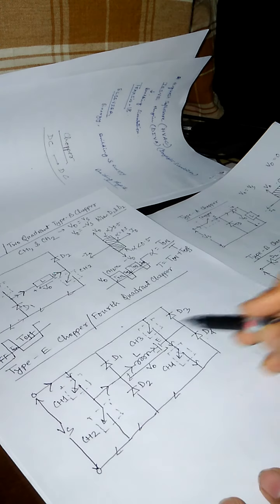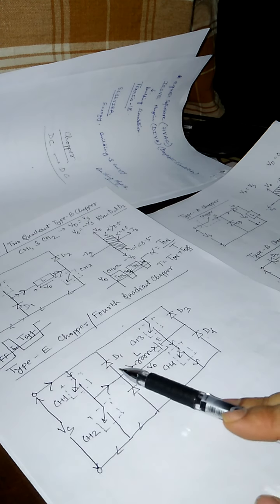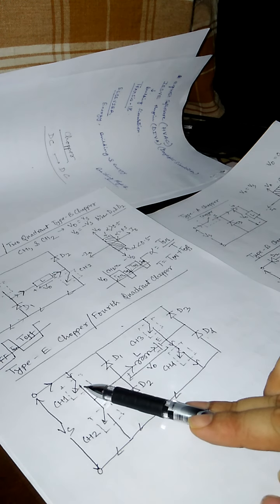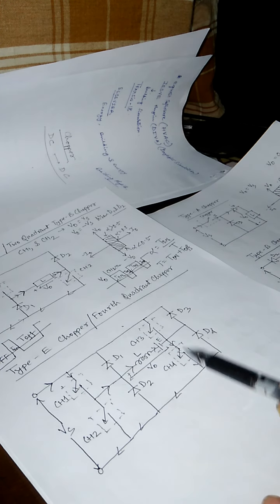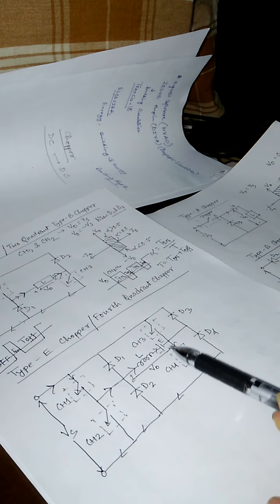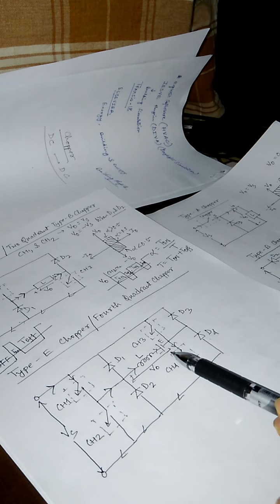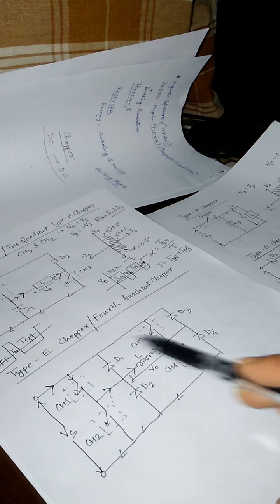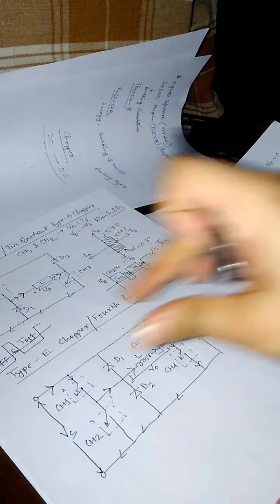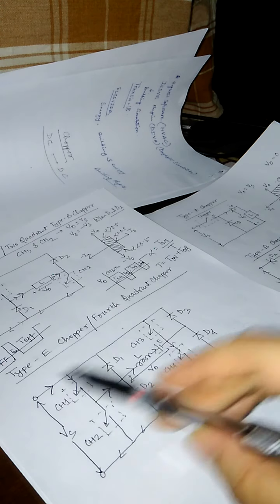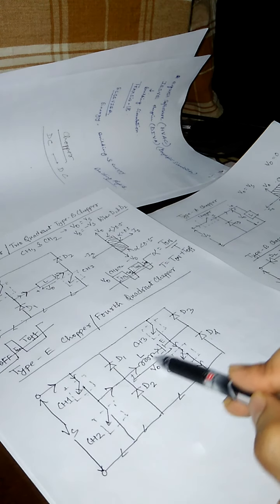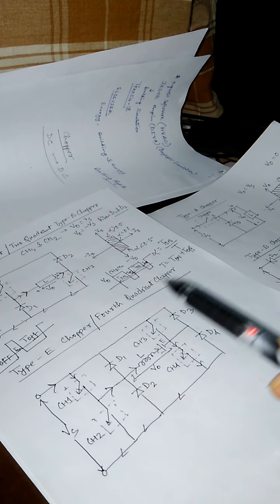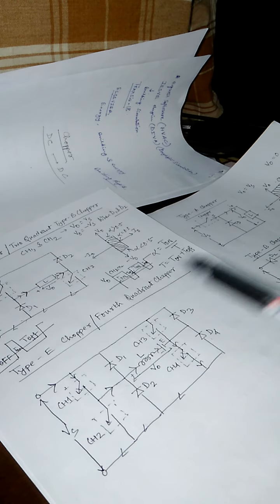So this is the direction when CH1 is operated and CH4 is on. This is the first quadrant, because here V0 equals Vs, that means the total source voltage is fed to the load from these directions, and this is called first quadrant operation.